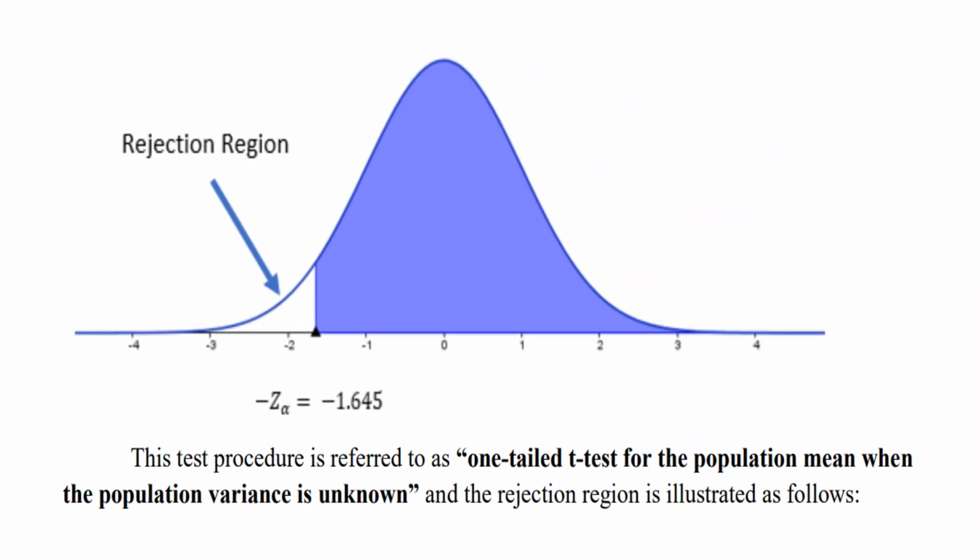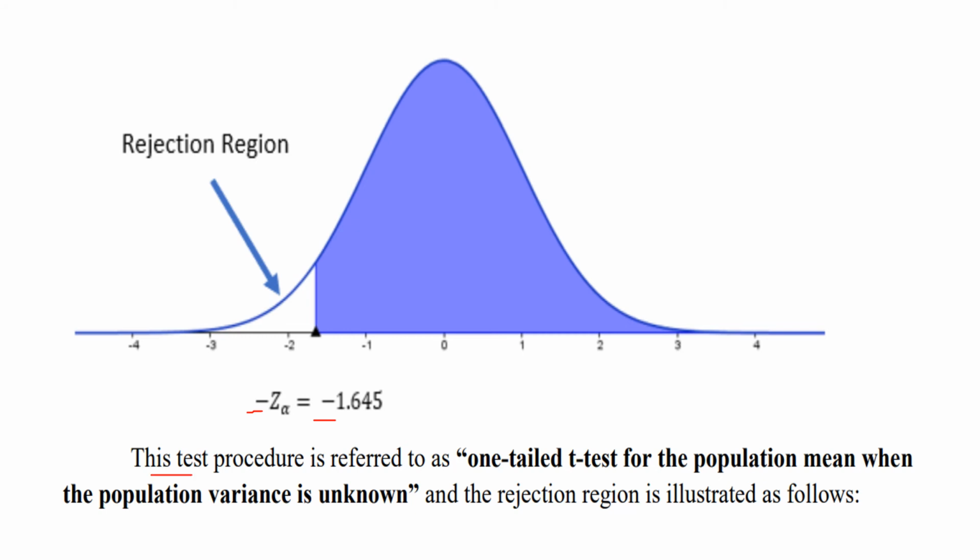With this figure, we can see that your negative 1.645 will be your critical C value. We simply use the negative sign here to represent that the value will fall on the negative part of your normal curve.